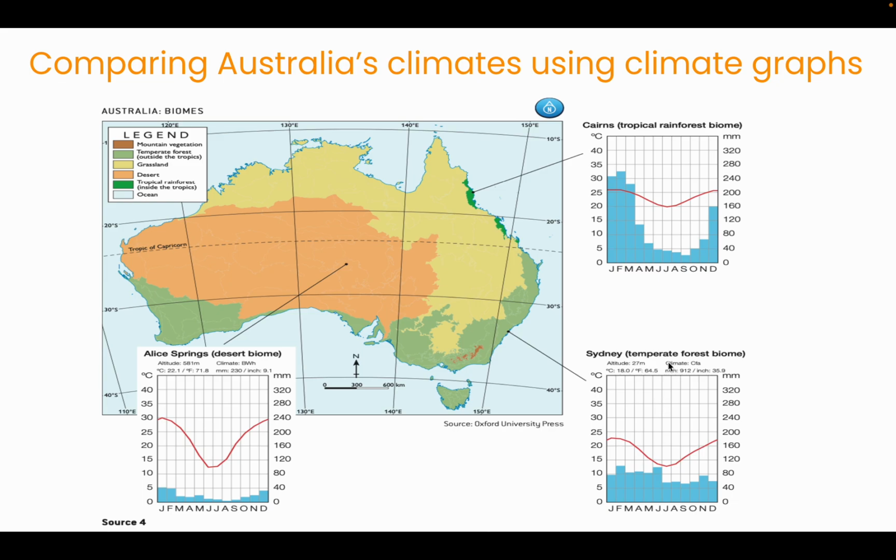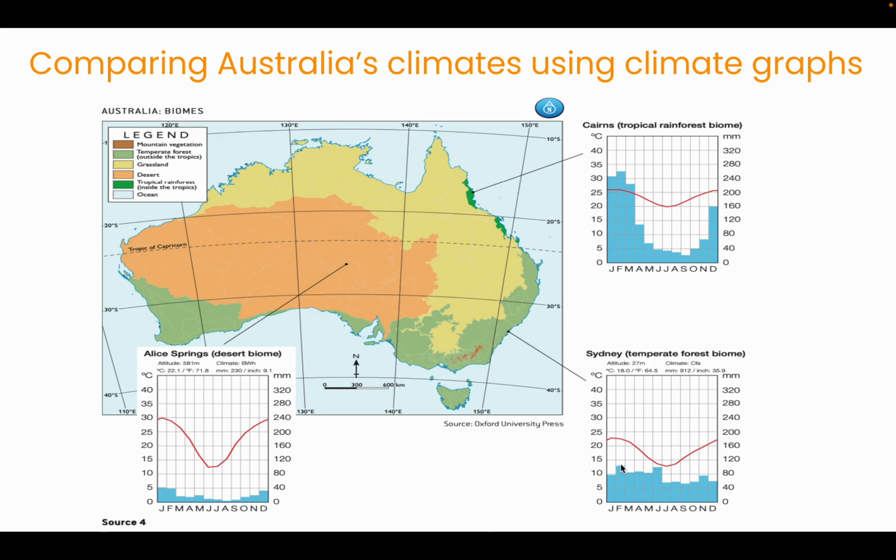Now let's look at a temperate forest biome and analyse its climate graph. And this one's in Sydney. If we start with its rainfall, it has pretty consistent rainfall across the year compared to the others, which are peaks and troughs.